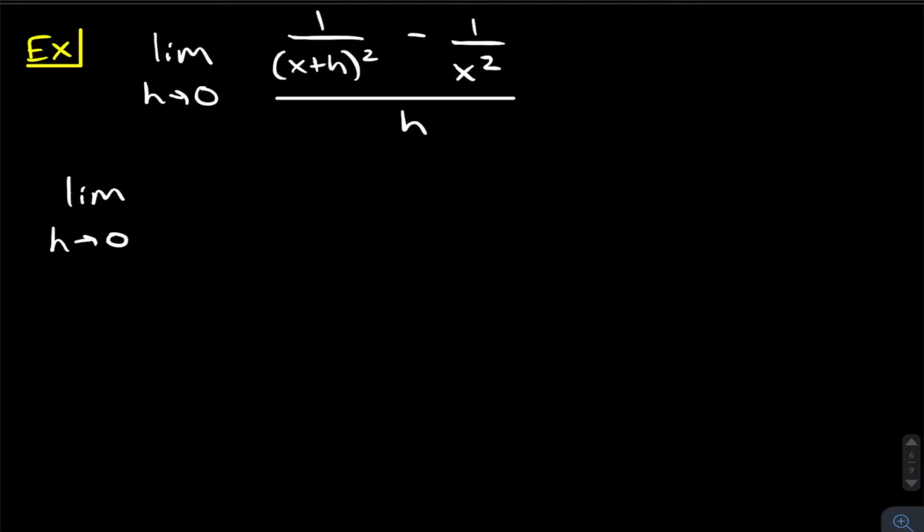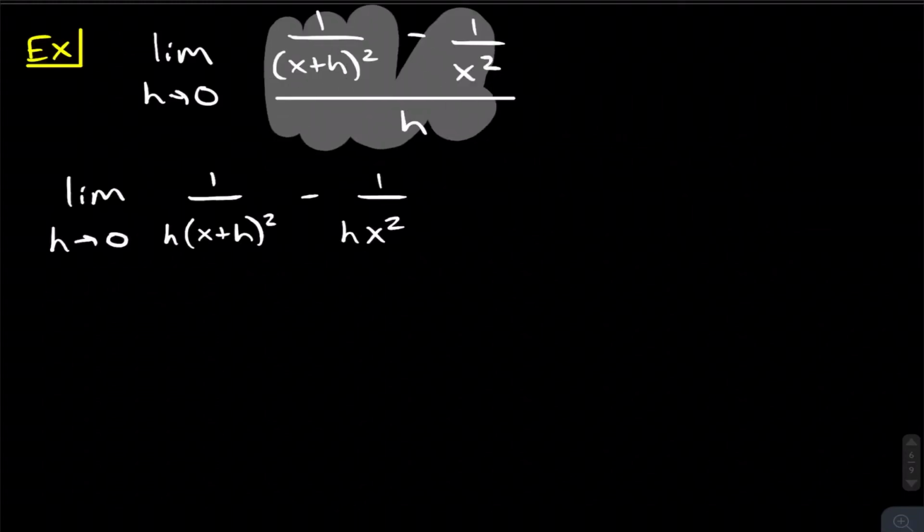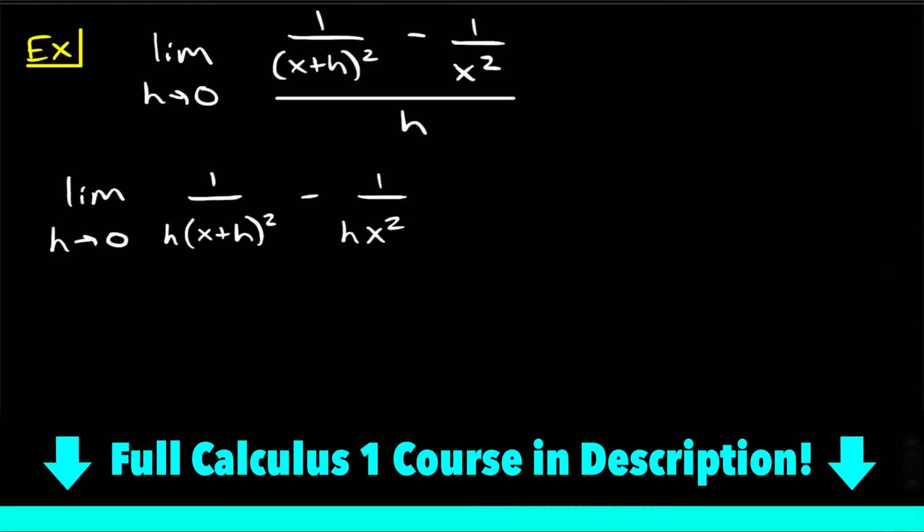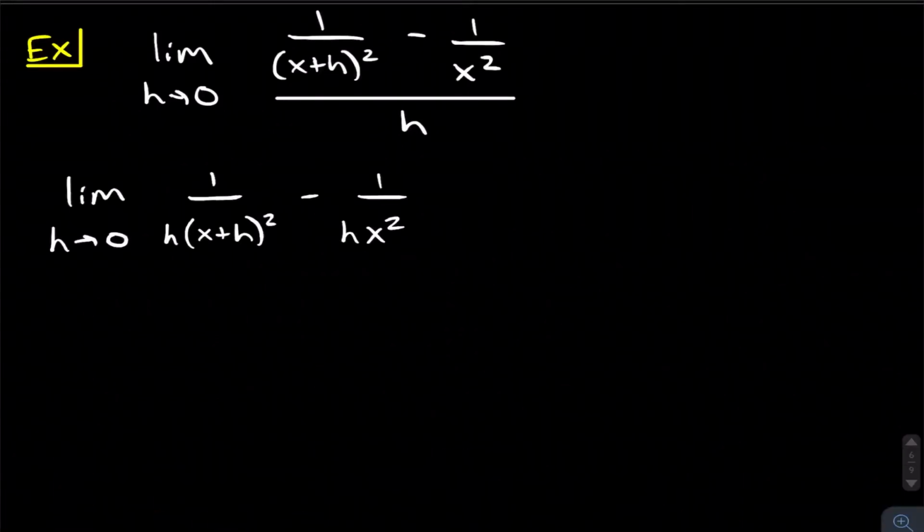We can write this as 1 over h times x plus h squared minus 1 over h x squared. Okay, you don't have to do that, but I don't want to have multiple fractions to deal with. So that's something you can do prematurely if you'd like.